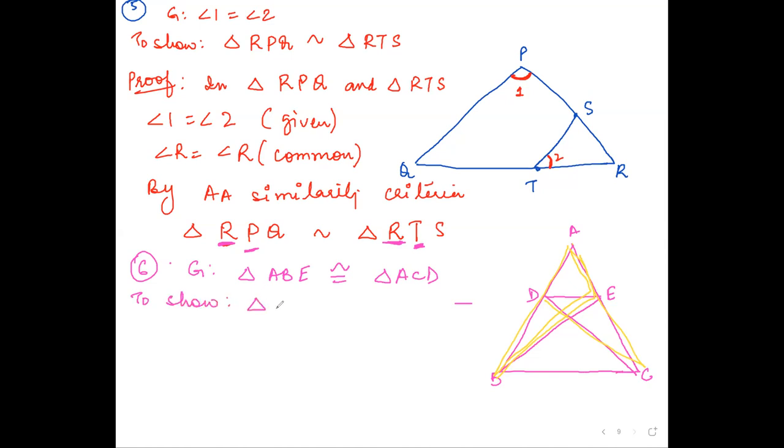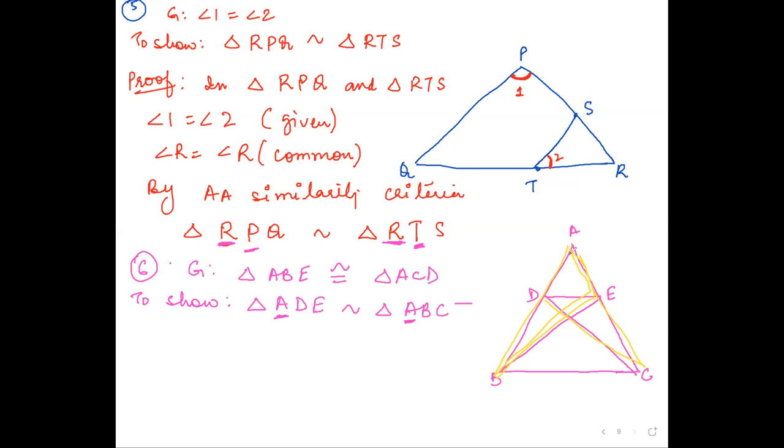And to show that triangle ADE, which is ADE? Okay, the top one, ADE is similar to triangle ABC. Okay, that's good. So one thing I can clearly see, angle A is common in both, right? I can see from the figure. Ultimately, I want to show this triangle to be similar to this. So angle A is common in both the triangles.